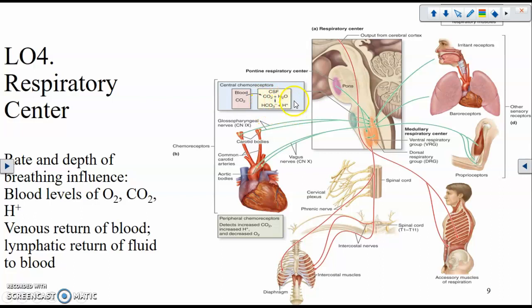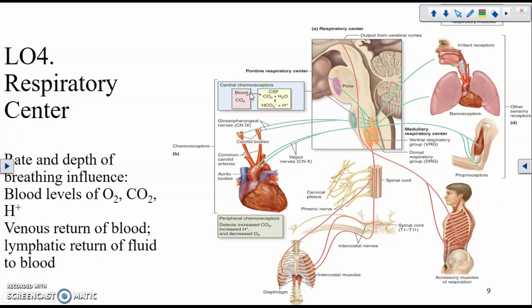The hydrogen ion lowers your pH. Normal arterial pH is between 7.35 and 7.45. So when you have too much carbon dioxide in the blood, whether detected by the central or peripheral chemoreceptors, the pH is now below 7.35.